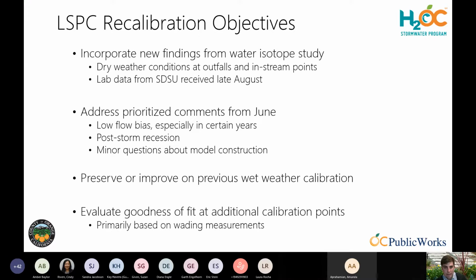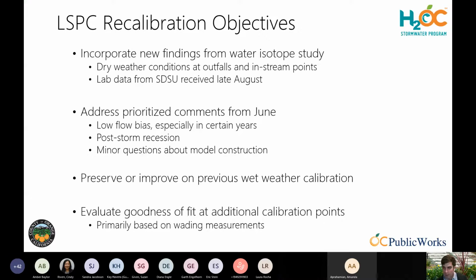And so it's been a kind of a mad rush to get those in, get them interpreted, as well as start to match those data in this model and get ready for this presentation. I don't think mad rush is quite right, but we've been working on this pretty intently since August to get ready to share results.